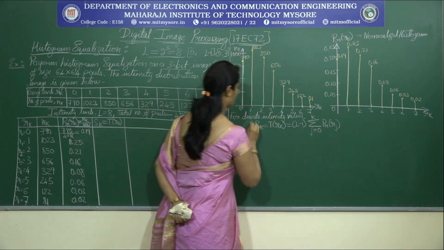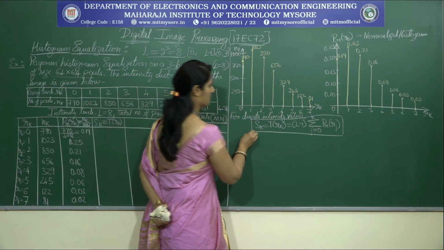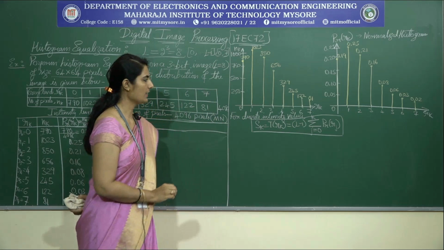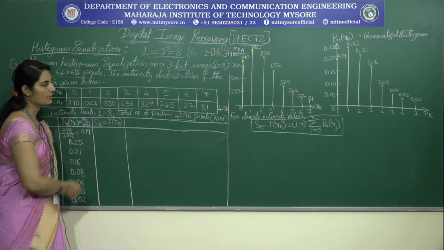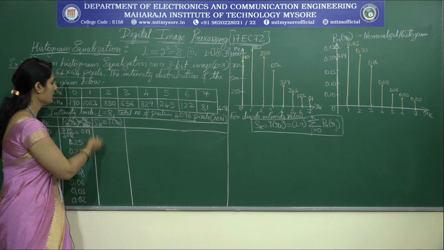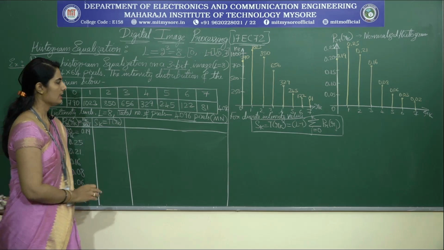So this is the formula to find the transformation function. Right, we have discussed this in our previous session. Now let us find the new intensity values using the transformation function, that is sk.